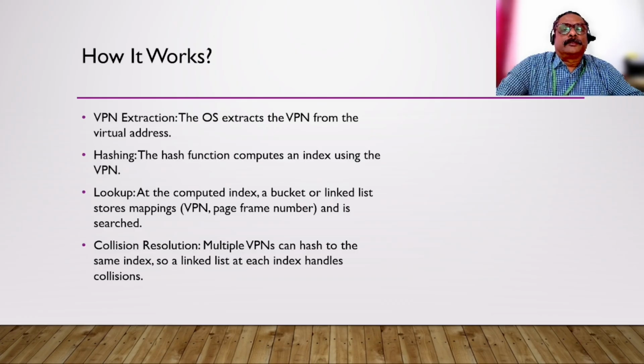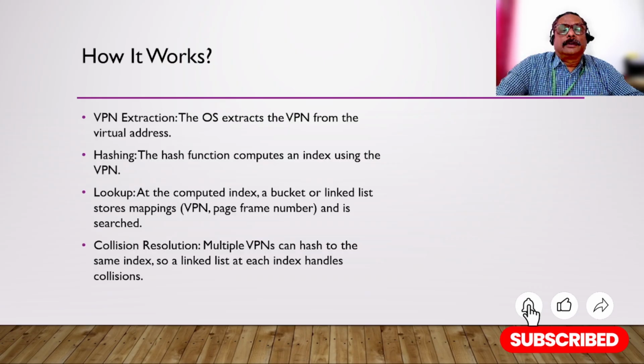For 0 it will be 0, then 1, 2, 3, 4, up to n minus 1, and when the value is n, the modulo value again goes down to 0. So 0 to n minus 1, 0 to n minus 1, it keeps repeating. When we are talking about a very big number, more than one VPN can get the same index. That's what we call a collision.